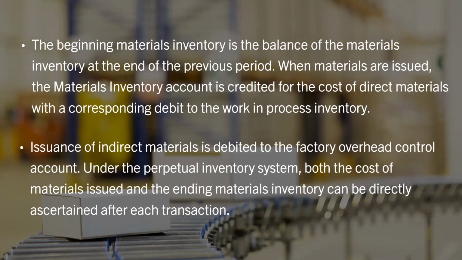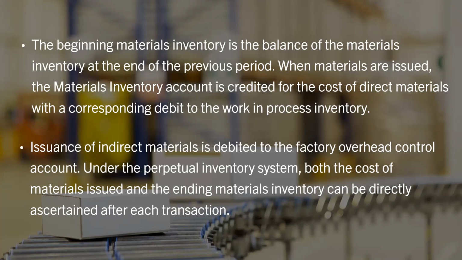So the actual incurrence of indirect materials is debited directly to the factory overhead control account. Under the perpetual inventory system, both the materials issued and the ending materials inventory can be directly ascertained after each transaction. As I have mentioned, any physical movement in the materials is reflected in materials inventory.